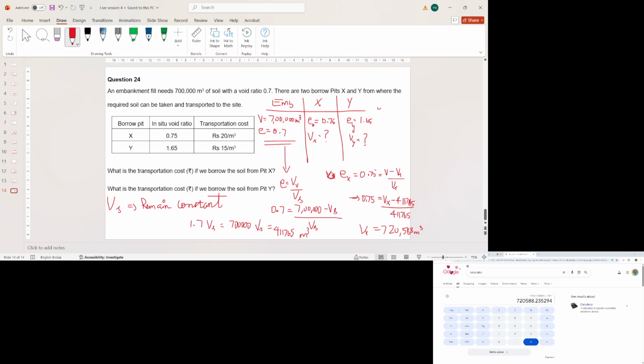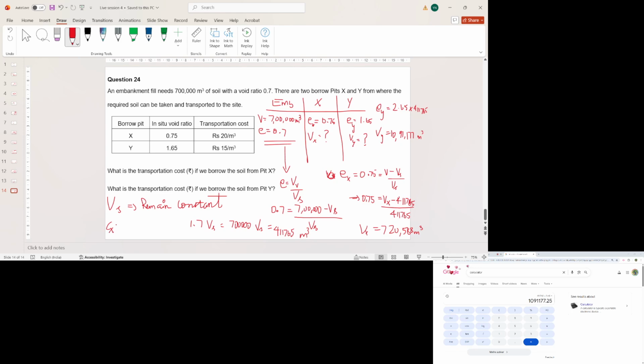The same for Ey, it's going to be 2.65 times 411,765. It's almost 10 lakh 91,000. Vy is going to be 10 lakh 91,177 meter cube.